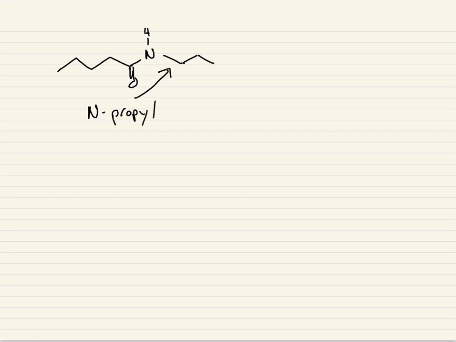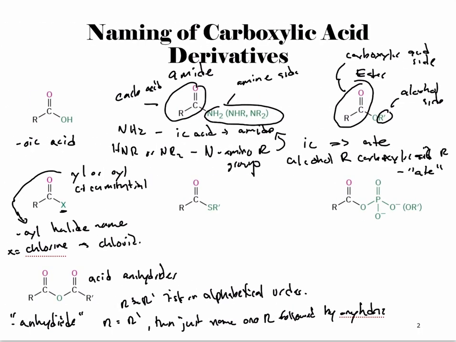And then we go into the name of the carboxylic acid as 1, 2, 3, 4, 5, and so then it'll be N-propylpentanamide, is how we would name that, right? So that's this chain right here. If we have a secondary amine there, then we would just put N,N or another N and describe that group as well. Right, so that's how we name amides.